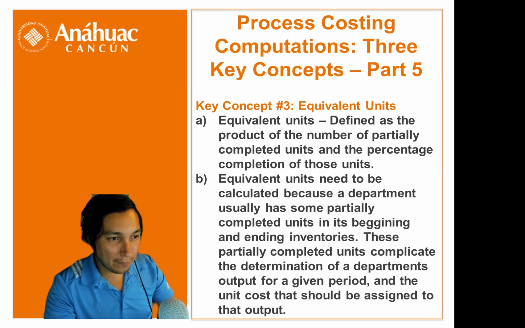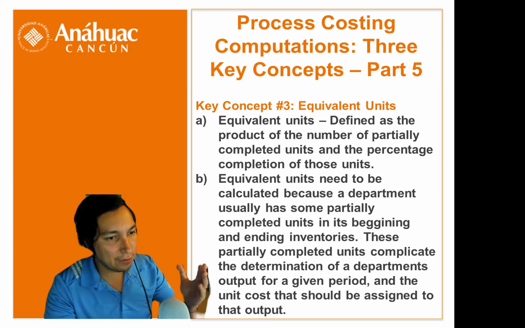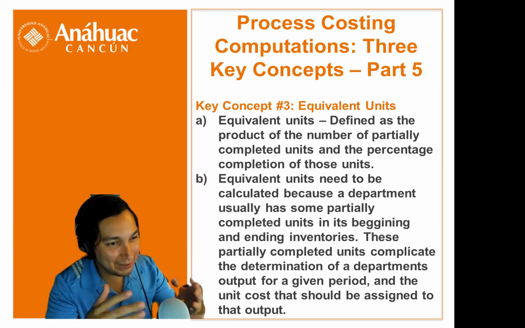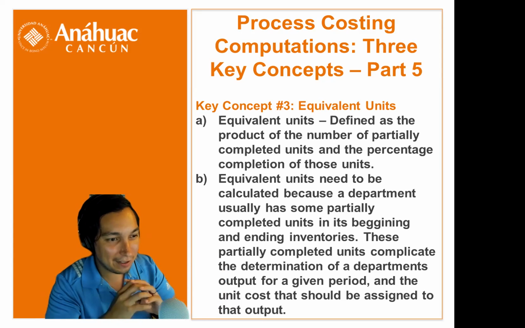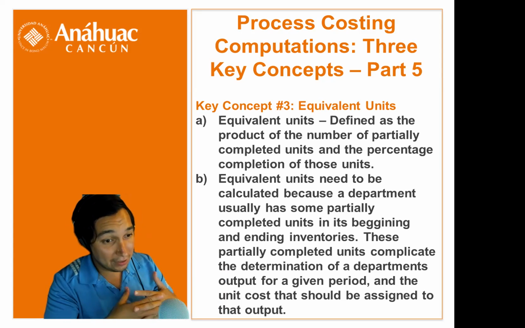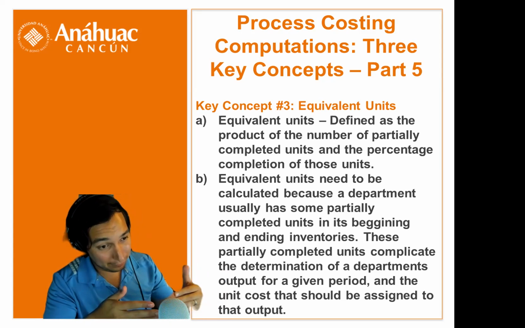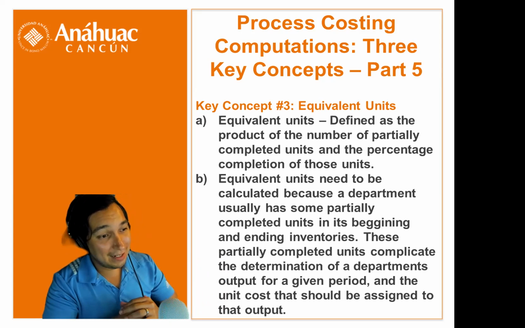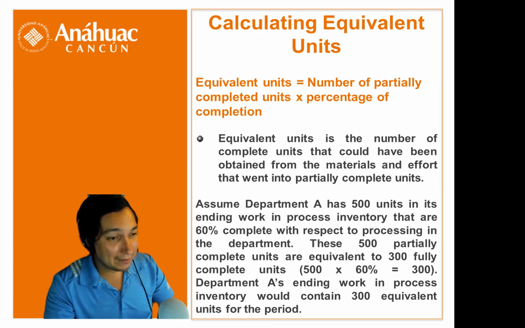Equivalent units need to be calculated because a department usually has some partially completed units in its beginning and ending inventory. Remember, I just explained that in the white chart. These partially completed units complicate the determination of a department's output for a given period and the unit cost that should be assigned to that output.